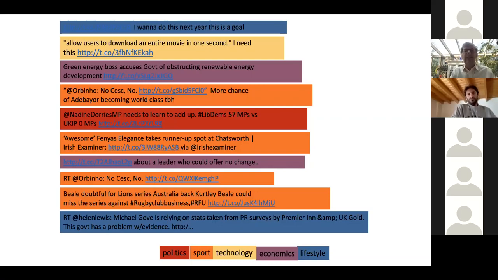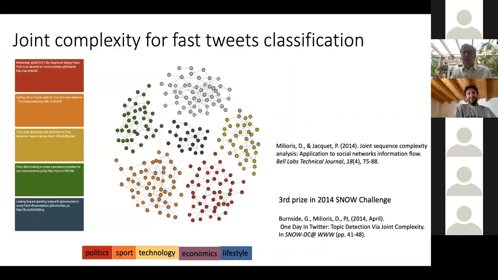This technique has allowed us to get the third prize in the SNOW project. The challenge was to listen to Twitter during one day on specific sources and to make a classification of the trends, to give the most frequent trend and to display one headline per trend.